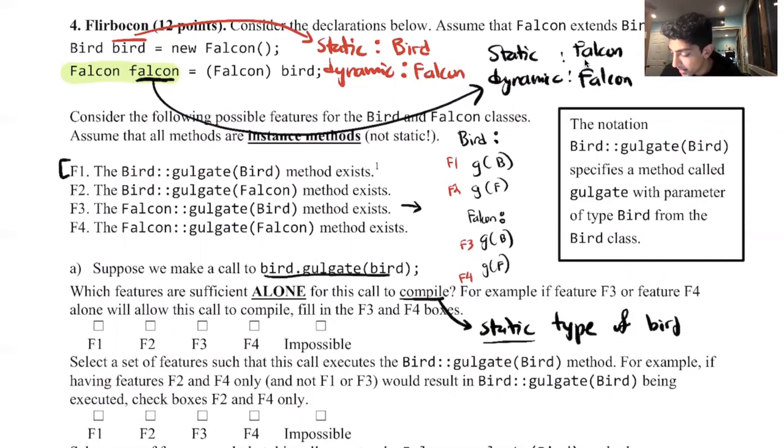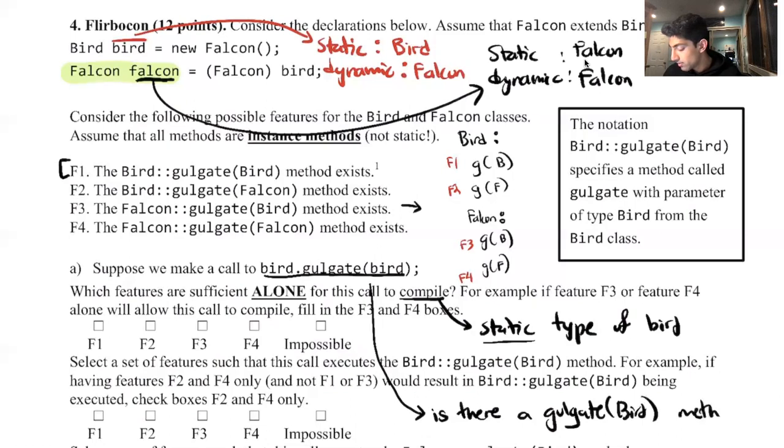So looking at this method, what this really is asking us is, is there a gulgate(bird) method in the Bird class? That's what this question is really asking us, and that's what this method execution is really asking.